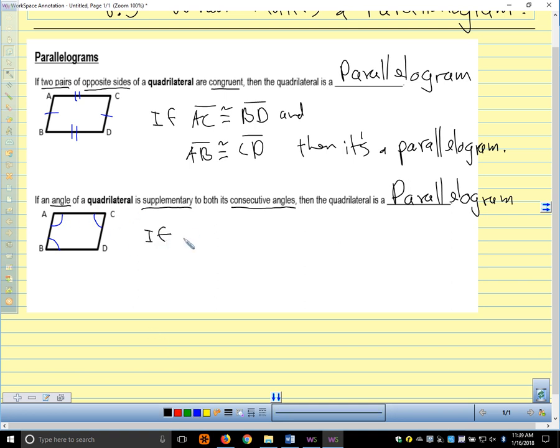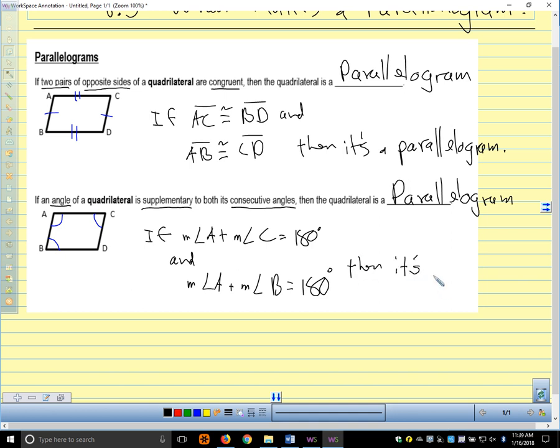So if the measure of angle A plus the measure of angle C equals 180, and the measure of angle A plus the measure of angle B equals 180, then it's a parallelogram.